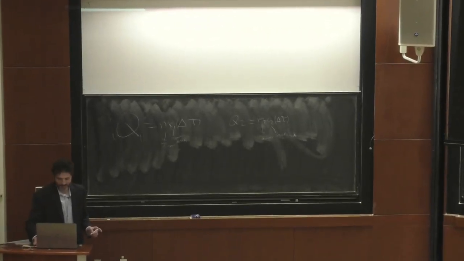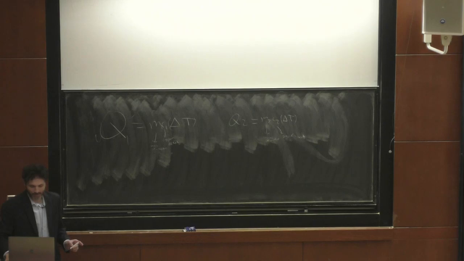So I'm going to have Q1 equals M1 C1 delta T, and then we're going to have Q2 equals M2 C2 delta T, where this is the mass of the water, and this is the specific heat of the water. And then we know that this heat is going to be transferred between the system.